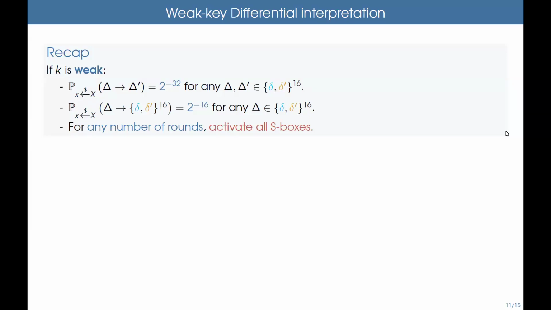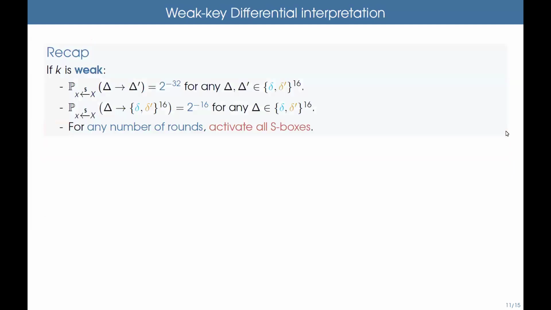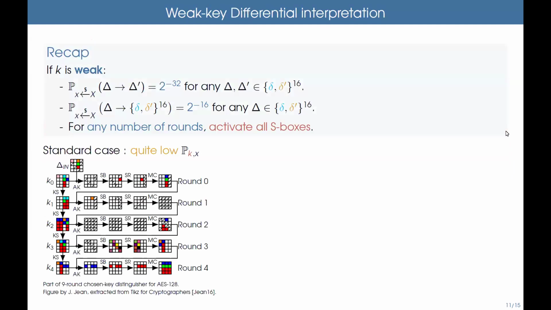And what is even more stunning is that this difference activates all the S-boxes at all rounds, because we know that the difference cannot be 0 on any of the nibbles. So it is really unusual, because we are used to studying probabilities taken over all keys and all inputs.